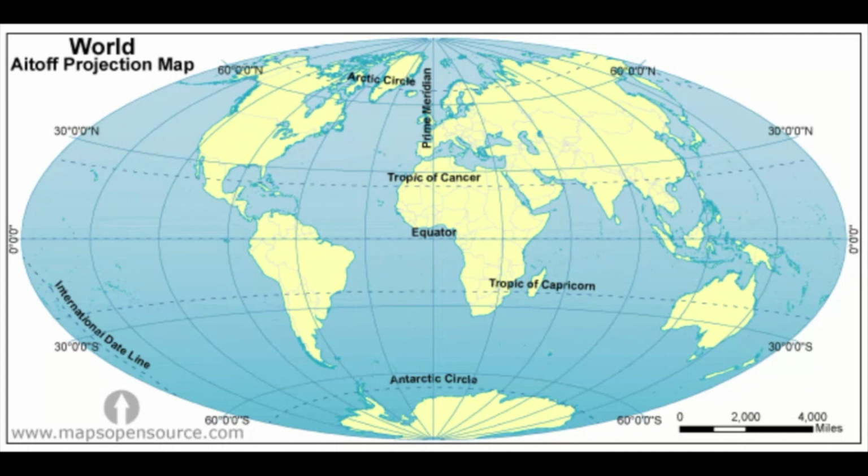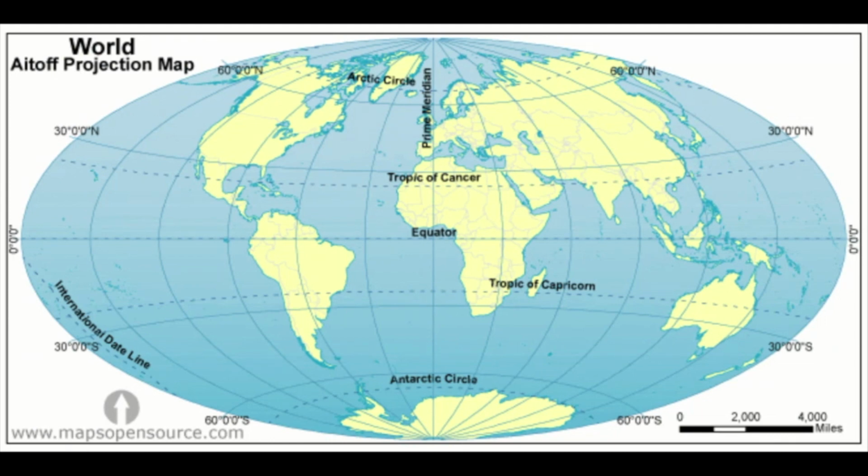Up next, we're going to look at the Atoff projection map. This one was created in 1889 by a cartographer named David Atoff, and it is one of a type of projection that is called azimuthal. As in, azimuth is a mathematical term, and the point of a map like this is that it describes the direction a person would need to travel to get from point A to point B using a point C as a reference point.